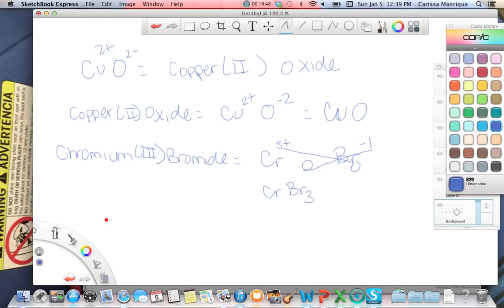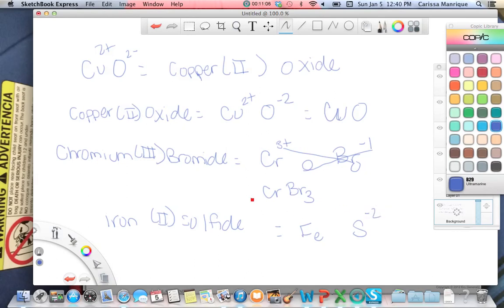Alright, let's look at one more. Let's look at the iron 2 sulfide. Iron is Fe, sulfide is S. Sulfur is right below oxygen on the periodic table, so it has a -2 charge.